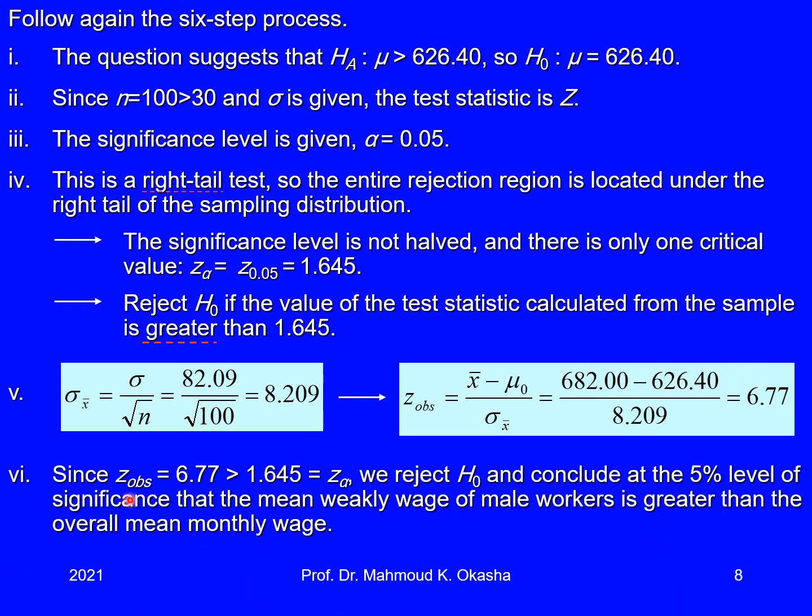So we can decide whether to reject or not, and in fact, as the observed Z equals 6.77, which is much greater than 1.645, the tabulated Z with alpha on one side, then we must reject the H naught and conclude, at the 5% level of significance, that the mean weekly average of male workers is greater than the overall mean monthly wage. This is the last step, right?